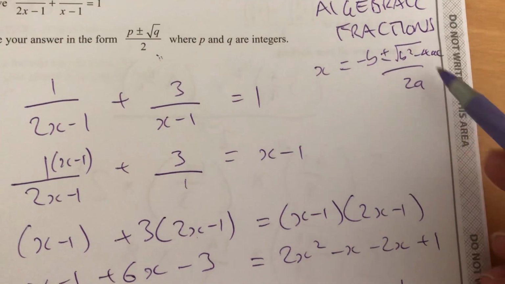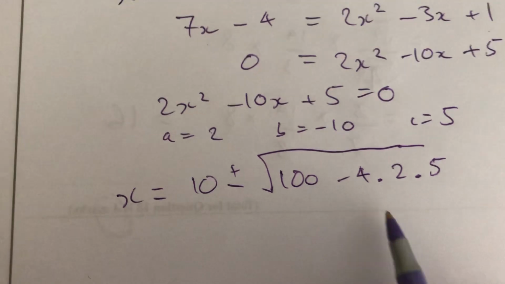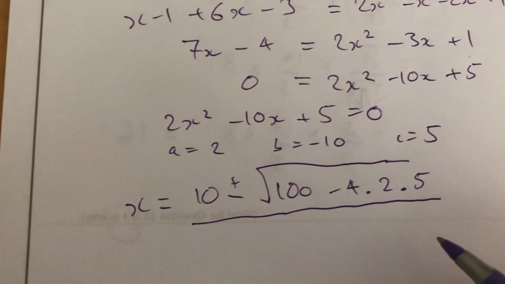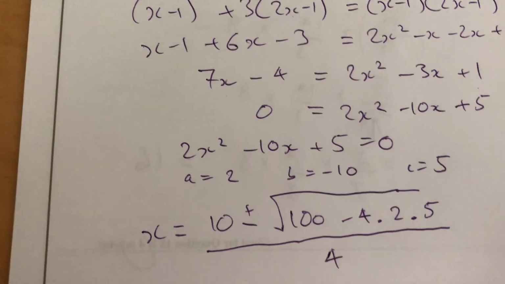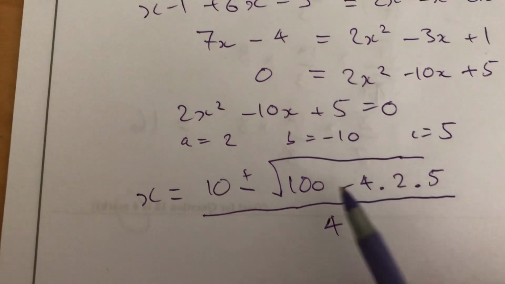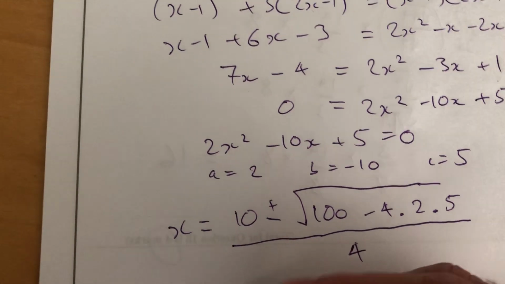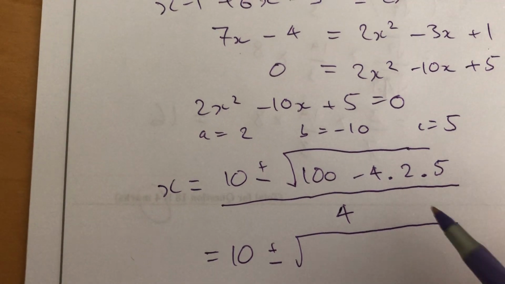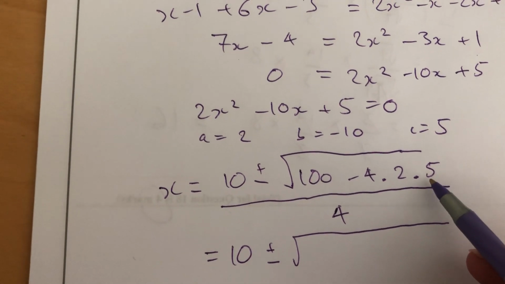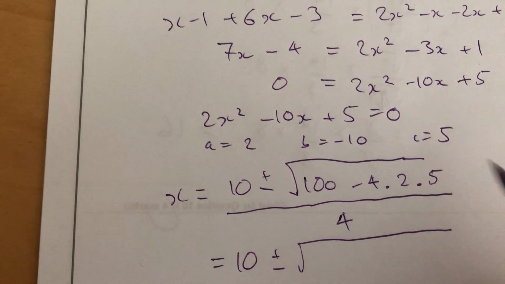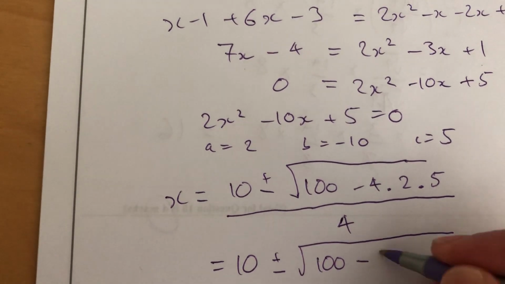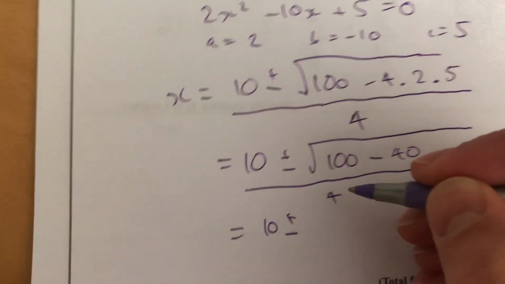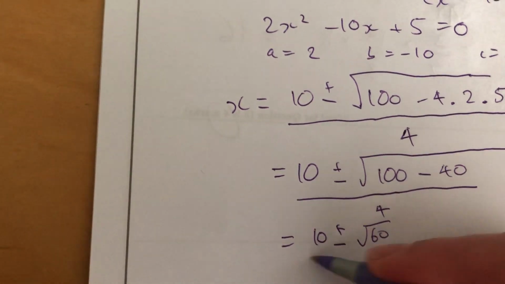That's from that formula that I scribbled in the corner there. b squared minus 4ac, all over 2a. So that's 4. And I want to end up with 2 in the end, so I'm hoping that I'll be able to simplify that further. 10 plus or minus the square root of, now 2 times 5 is 10 times 4 is 40, so 100 minus 40, all over 4. 10 plus or minus the square root of 60 all over 4.